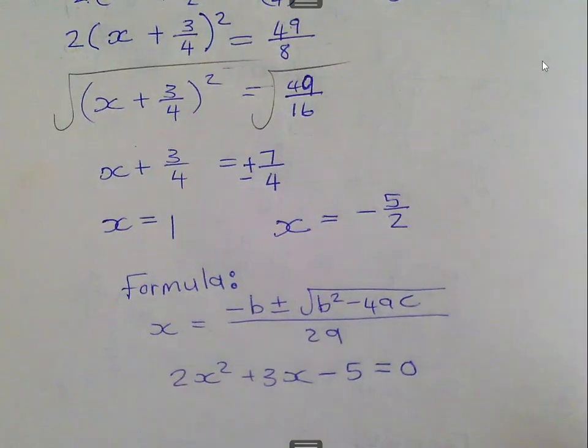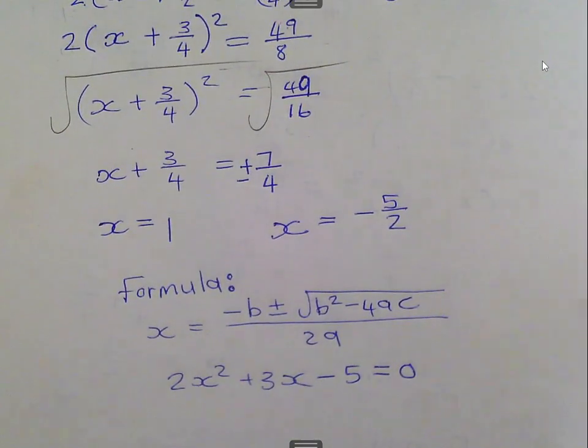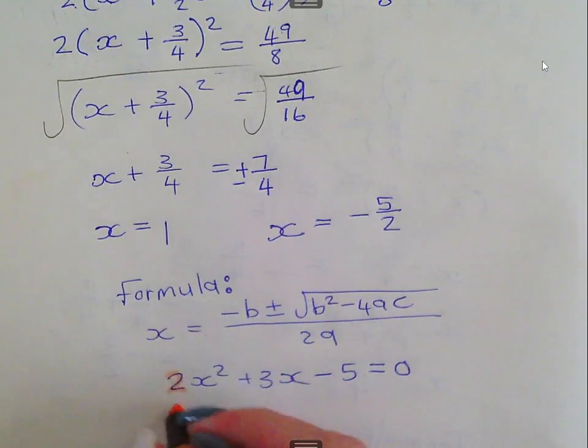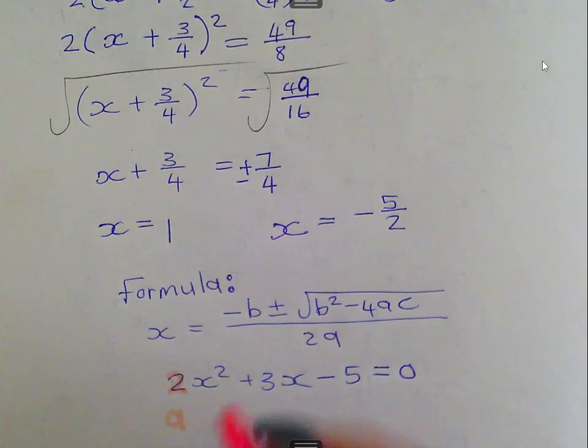Okay, the part I'm doing now, you don't have to do every time. It's just so I know that you are all sure which one is A, which one is B, which one is C. This is A. Look here.